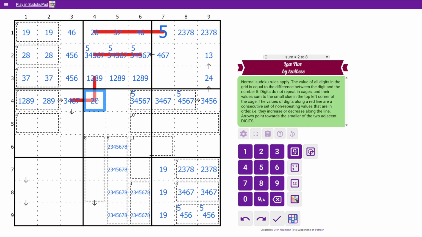So now that is a 3 difference. This must be a 2 difference. It's going to leave 4 and 6. This is going to be 4 difference. It's going to leave 1 or 9.